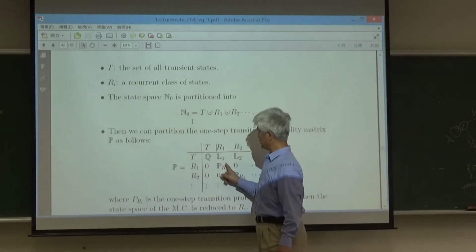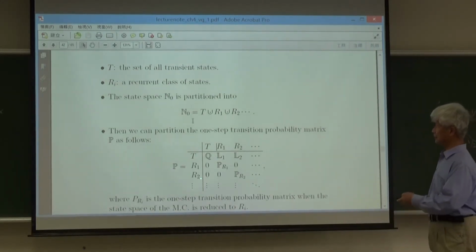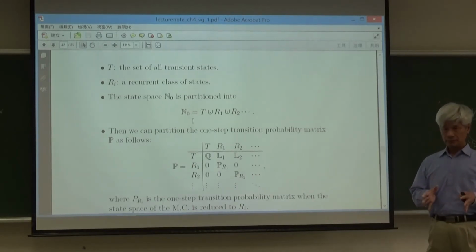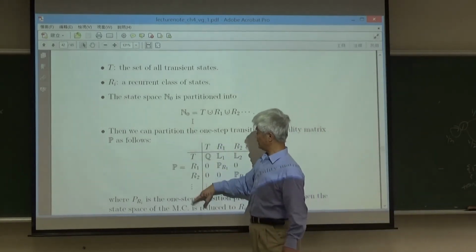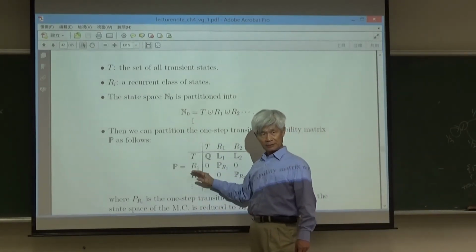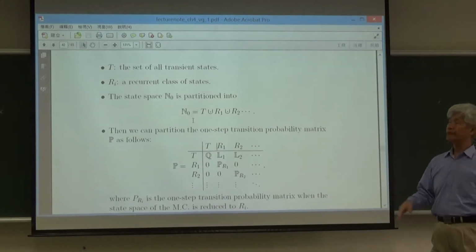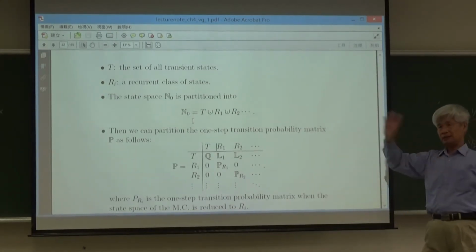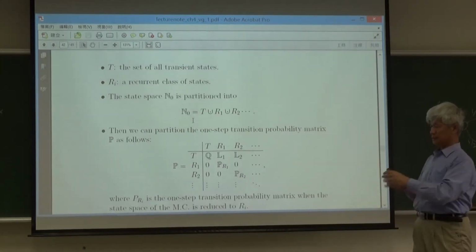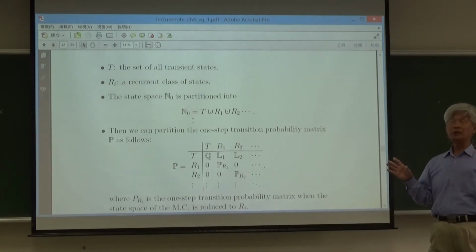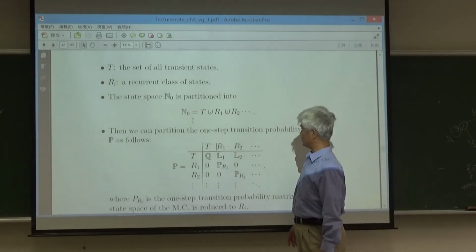You can think about it this way: if the Markov chain is reduced to only the recurrent class one, then it becomes irreducible, because we get rid of all the transient states and all the recurrent states in the other recurrent classes, and just leave the states in R1 there. We truncate all the states and leave only R1, then it becomes an irreducible Markov chain, and the one-step transition probability matrix will be PR1.